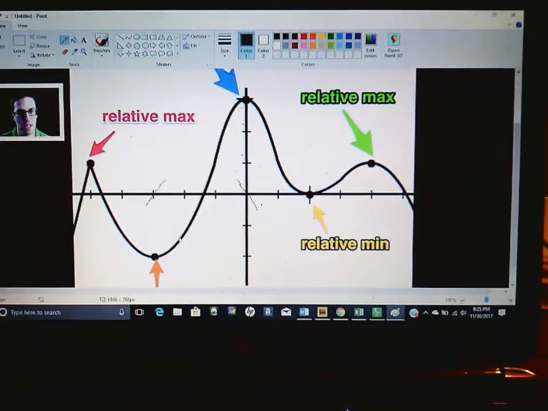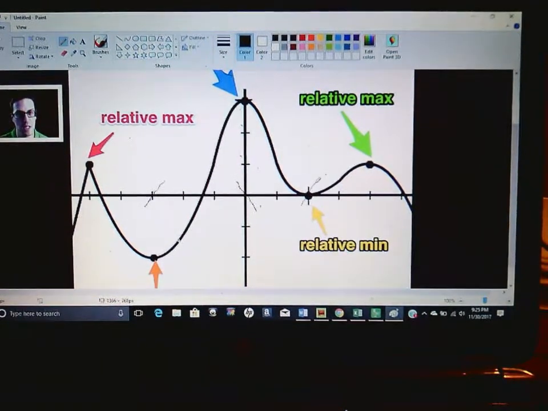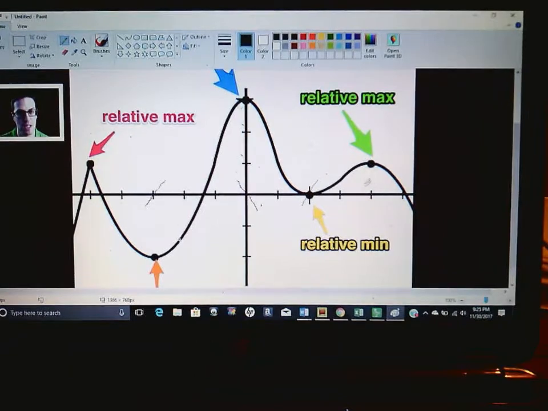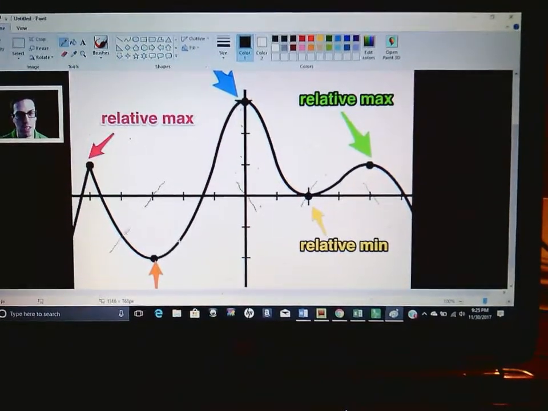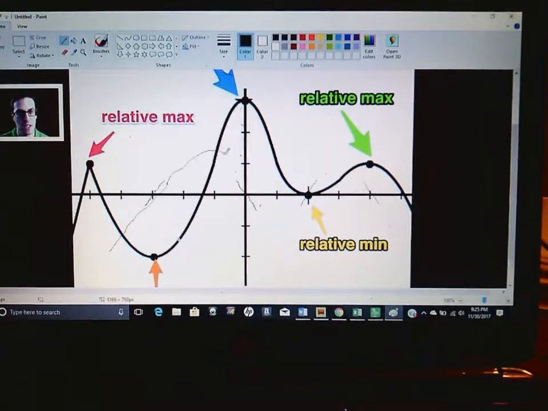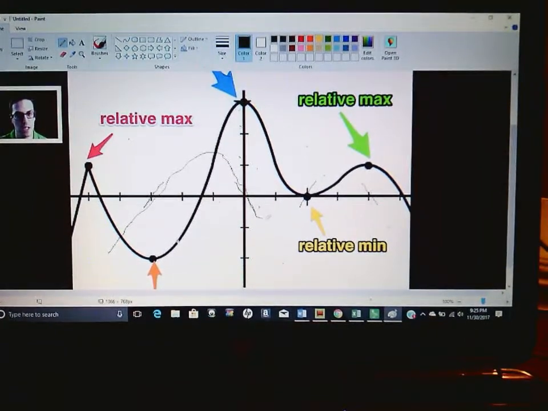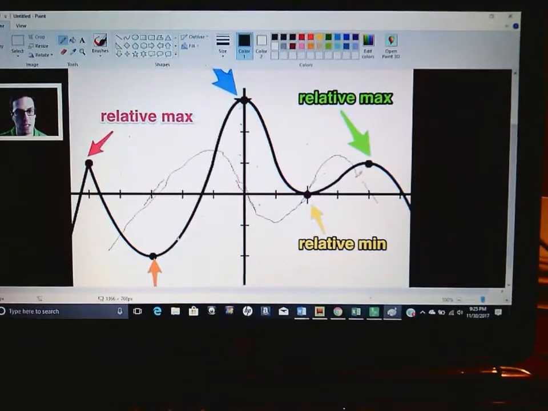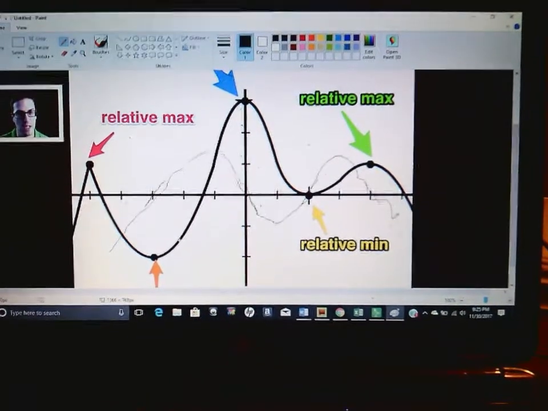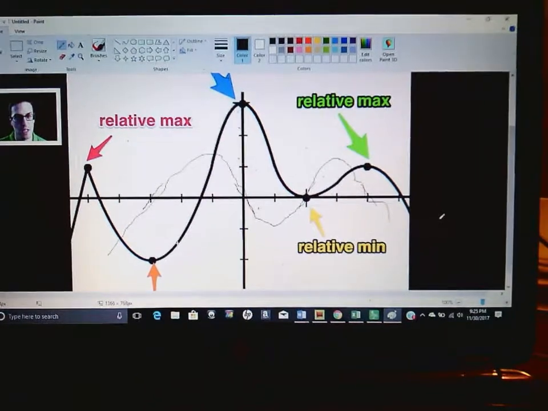Here's another one, the slope going from negative to positive, and this one going from positive to negative. So the derivative is going to look very roughly like this. It's not supposed to be curving, but you know, it's a computer.